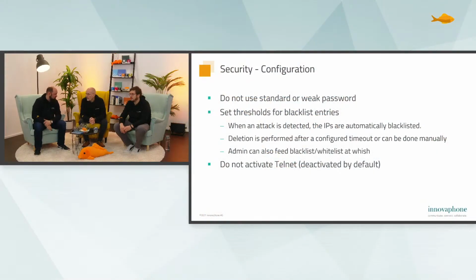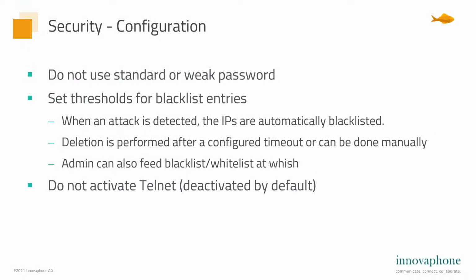This is something that is also important. Yes, we have said it. We repeat it sometimes, because we know the weakest part is a weak password. So that's why we repeat it.